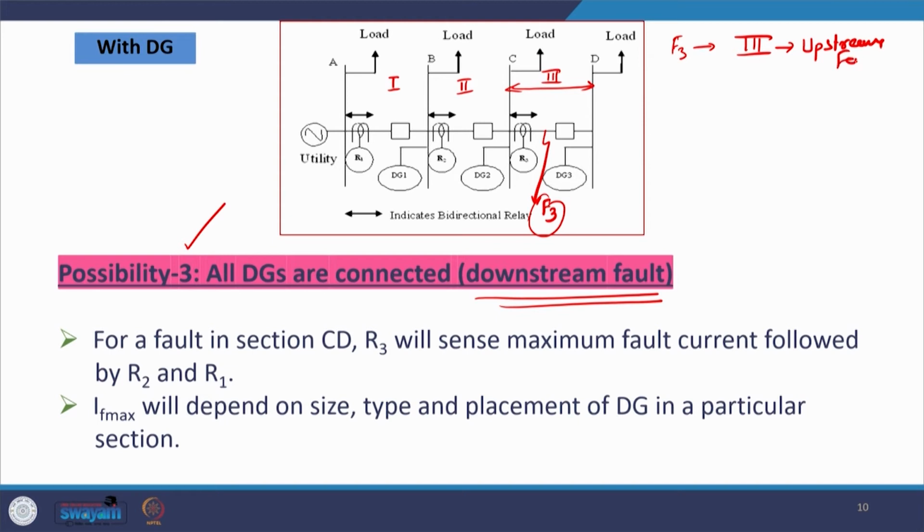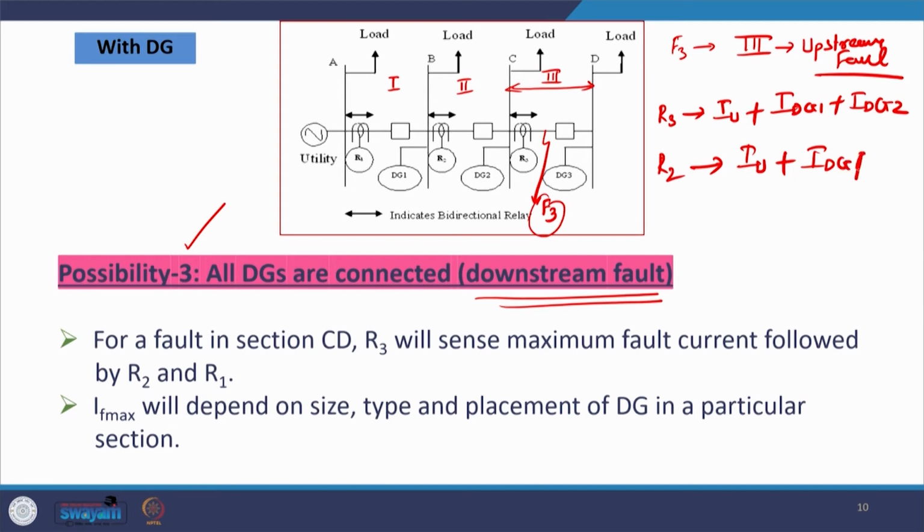In this case, the current sensed by relay R3 is, as I told you, IU plus IDG1 plus IDG2, whereas the current through R2 is only IU plus IDG1. So, again there is a difference in the current flowing through relay R3 and relay R2 for any downstream fault, let us say in section 3 at F3.